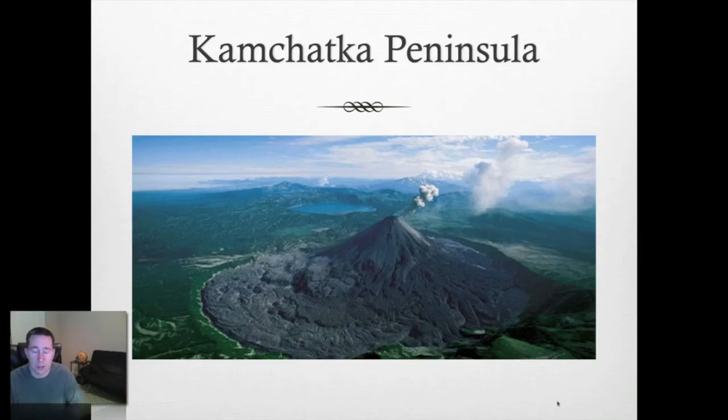The climate conditions are a little bit better and a little bit more stable, more like the Alaskan climate conditions. So in other words, the summers can get up to 60 degrees. Yes, your winters are going to be incredibly cold. And again, one key important physical feature of the Kamchatka Peninsula is its volcanoes.